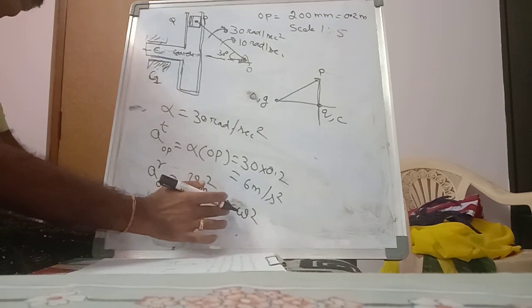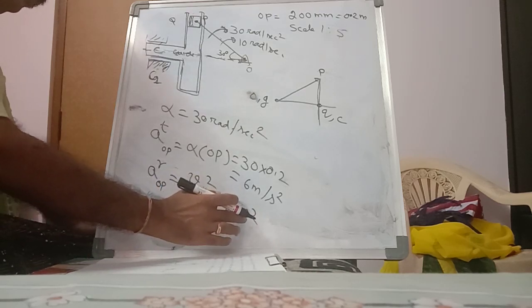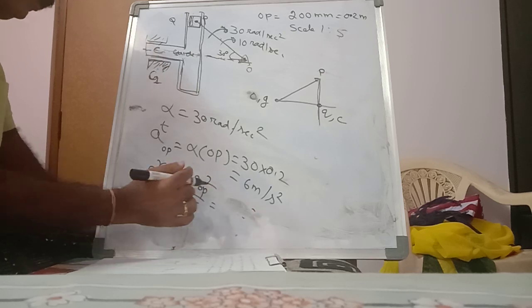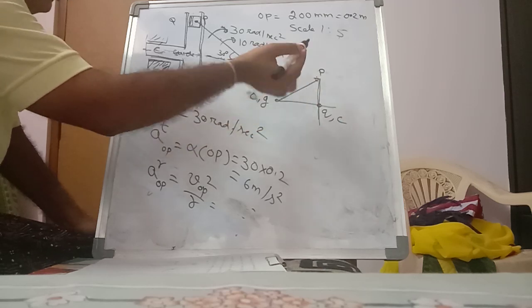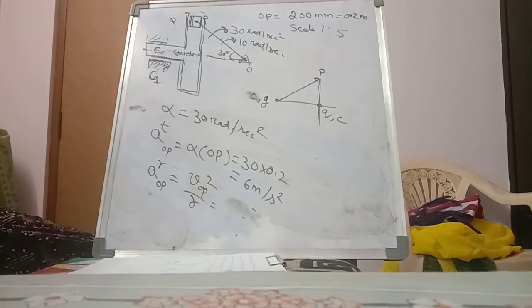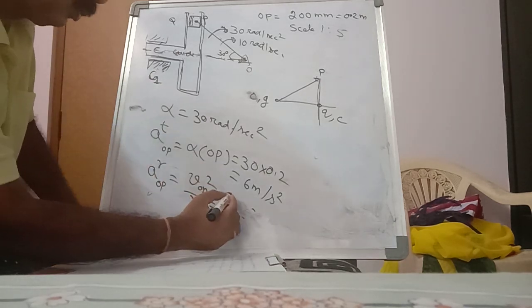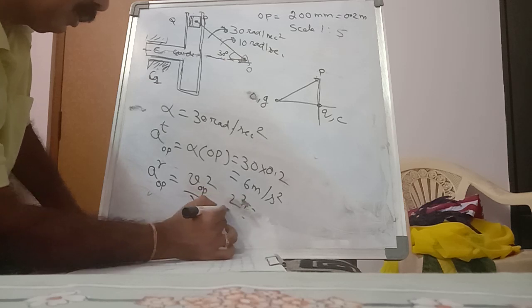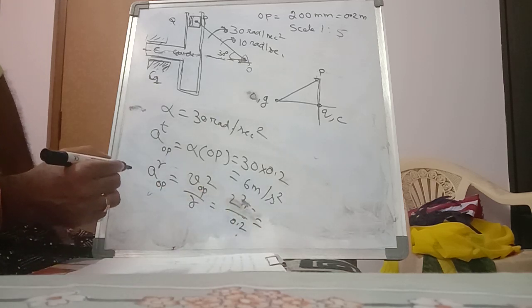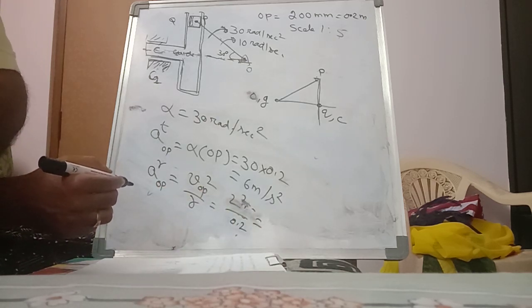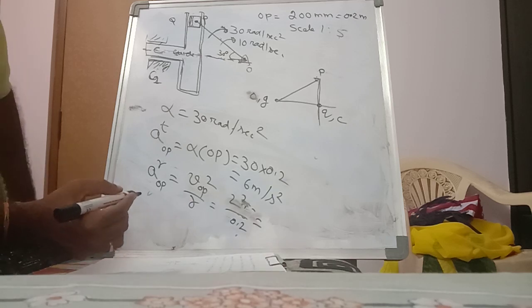Any formula you can take, either R omega square or VOP square by R. I am using VOP square by R. Already we know the VOP, the velocity of OP is already determined. What is the value of VOP? 2 meters per second. Yes. So 2 whole square divided by R, and R is again 0.2, which is equal to 4 by 0.2. So how much do you get? 20 meters per second square.